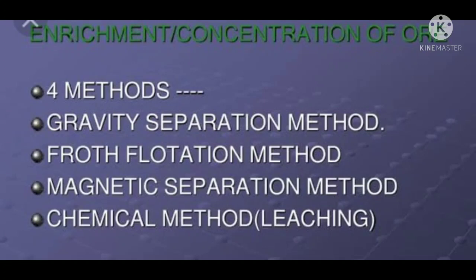First one is the hydraulic method. Second, magnetic separation. Third, froth flotation. And finally, the chemical method or leaching. So these are the 4 methods commonly used for the removal of gangue or matrix from the ore.